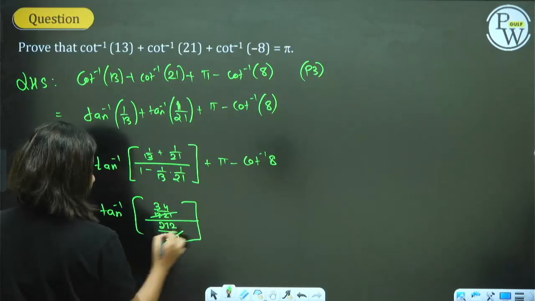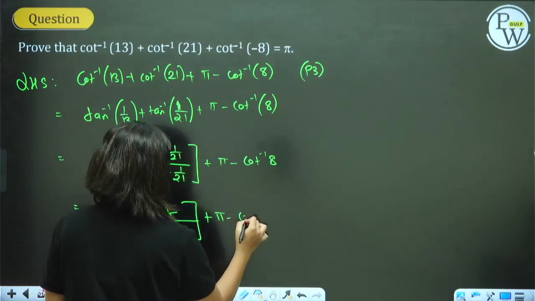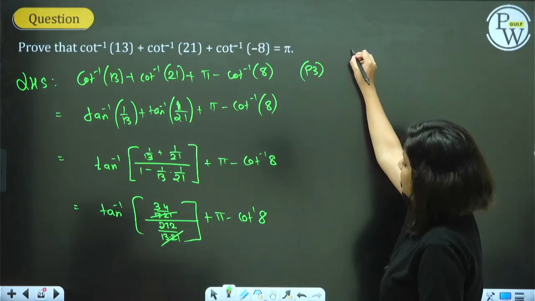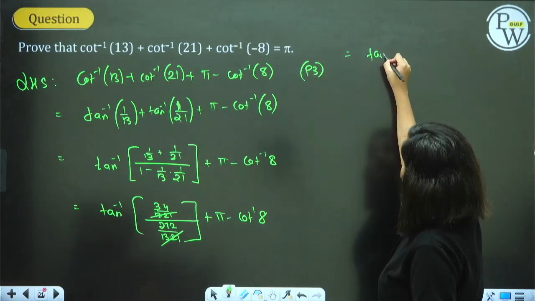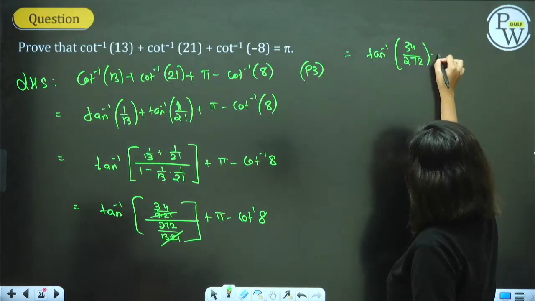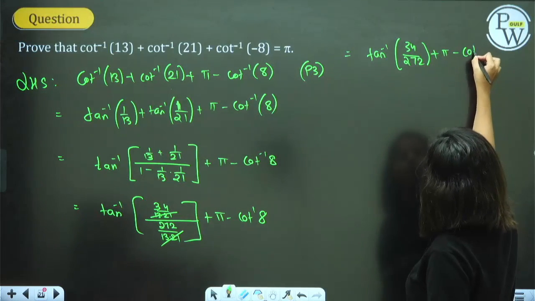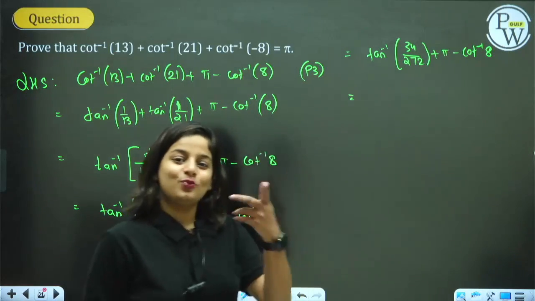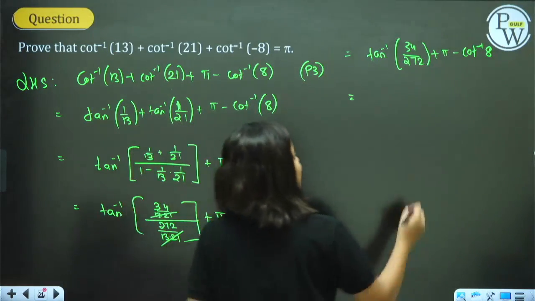Denominator cancels. Here there is pi minus cot inverse 8. Right now I don't know what to do with this cot inverse, but we'll deal with it. We will have tan inverse of 34 upon 272 plus pi minus cot inverse of 8. I think it's time we write cot inverse 8 as tan inverse of 1 by 8.